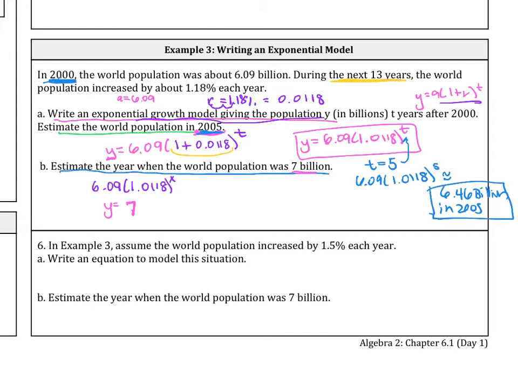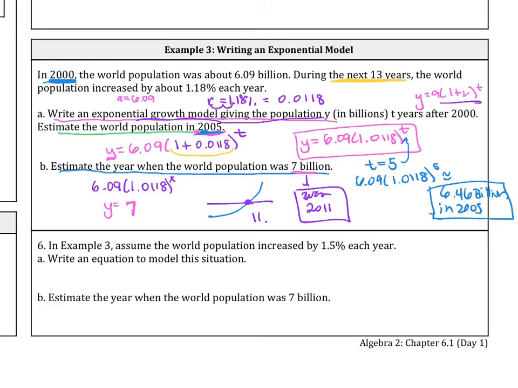So when you type in y equals 7, so this is a growth, and then here, you'll notice that number, when you look at it, it's like 11 point something. So therefore, the year when the world population was 7 billion was 2011. Okay, it was approximately 2011.